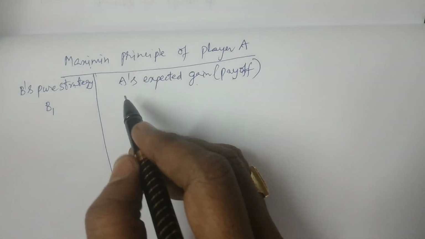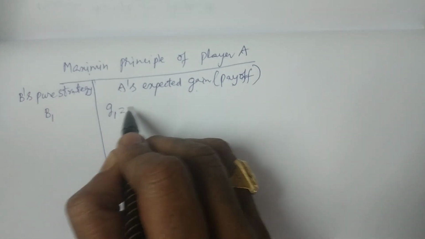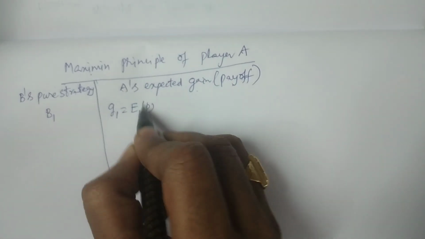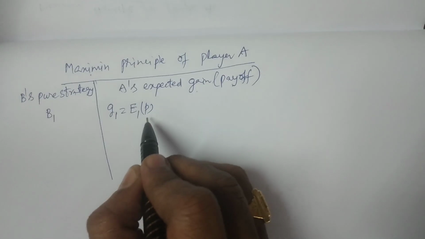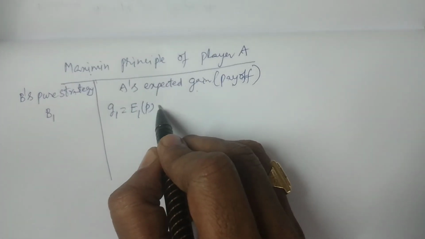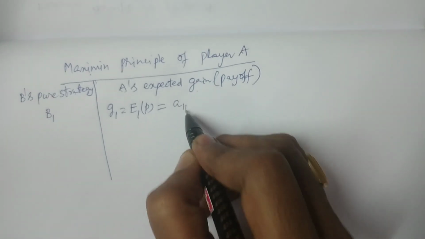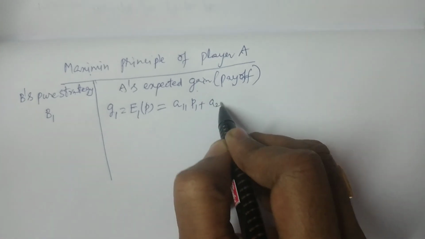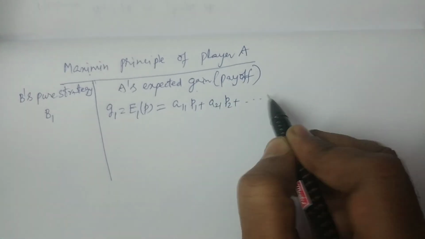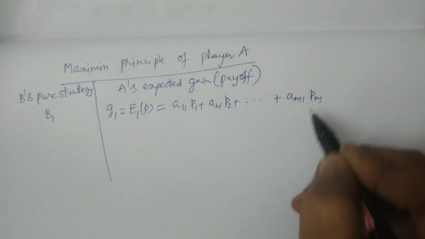So I am writing here the expected gain for player A as G1 or E1P, the expected value in terms of probability from the first strategy B1. It is equivalent to A11 P1 plus A21 P2 and so on, plus, I am writing the last one, AM1 PM.